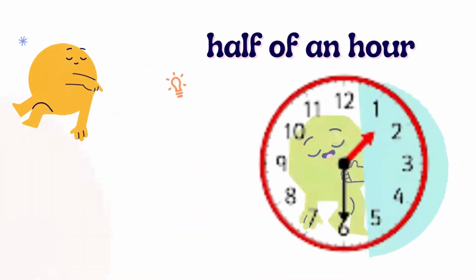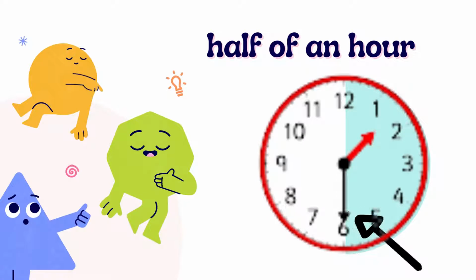Next, look at the shaded portion on this clock face. The minute hand has moved from number 3 to number 6. Now we have the shaded portion half of the clock face. Now we can see the duration on this clock face is half of an hour.